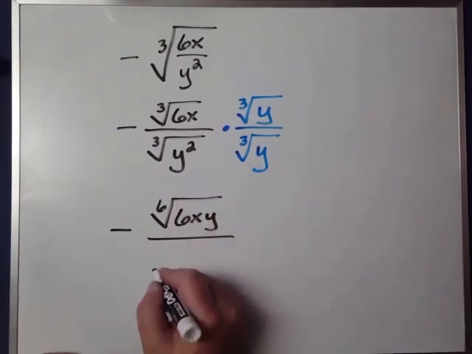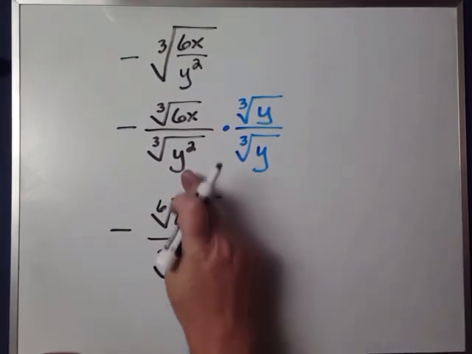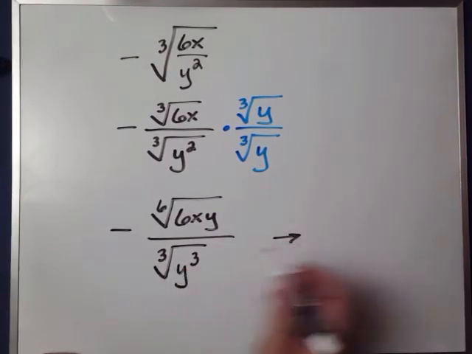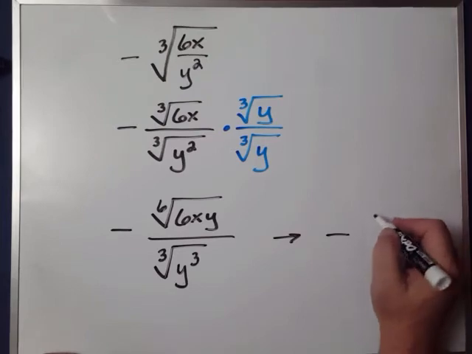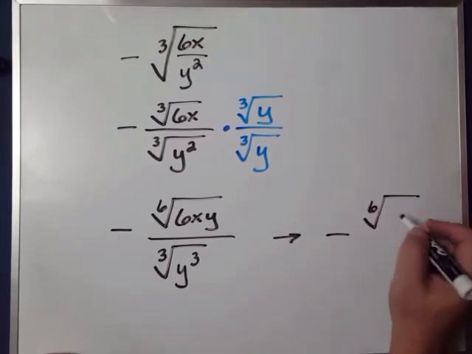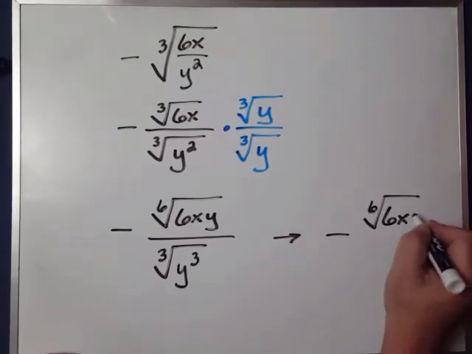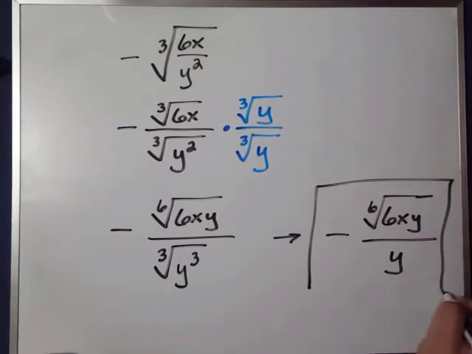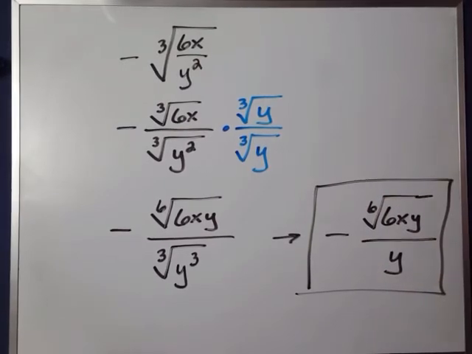The cube root of y squared times y is y cubed. And then, of course, the cube root of y cubed is just y. We have our floating negative, our cube root of 6xy in the top, over y. And that denominator is rationalized.